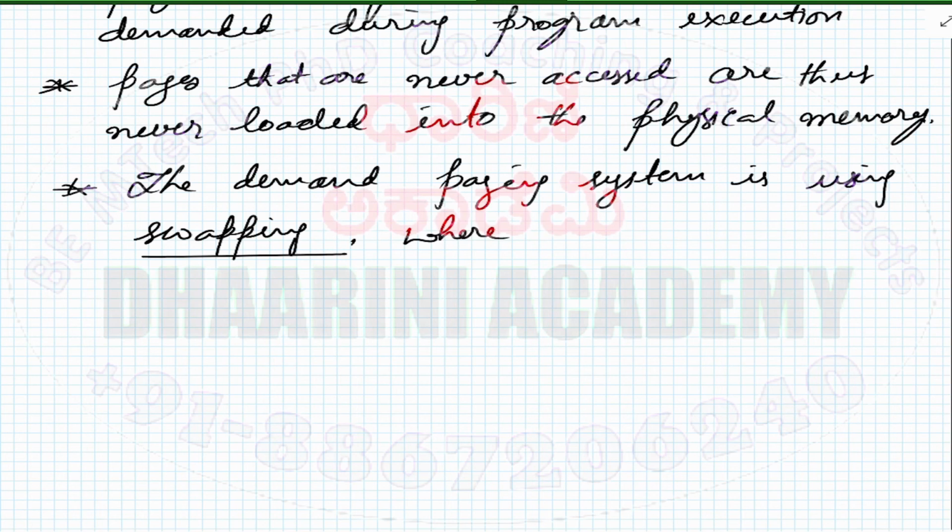Normally the complete process you want to run will be kept in the secondary memory such as the hard disk. But as and when you want it to be executed, you will put it into the RAM, or maybe the registers of the CPU, or somewhere like that. So we'll write this: the swapping where the processes reside in the secondary memory.